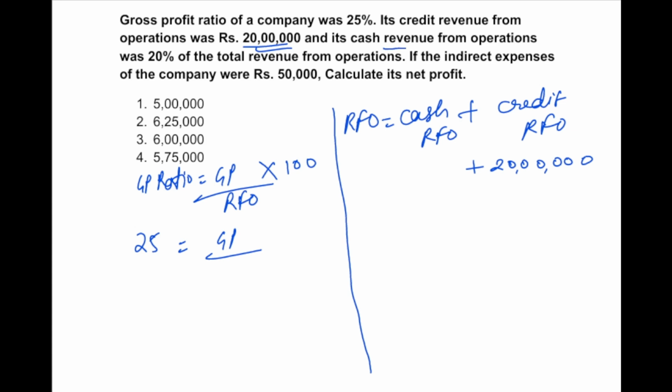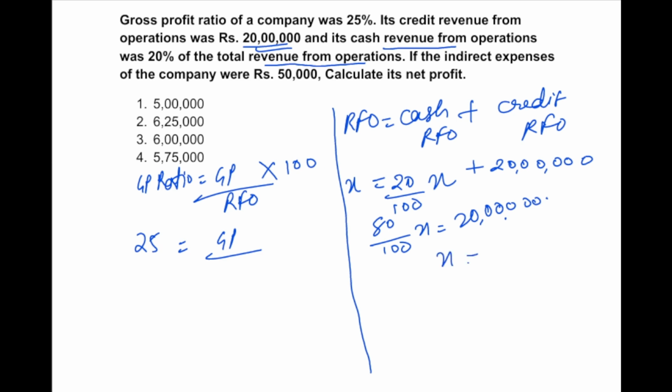Cash sales is 20% of total sales. So total sales we'll assume it to be X. Cash sales is 20% of total sales. So 20% of X. On solving, we will get X is equal to 25 lakh. So RFO is 25 lakh.